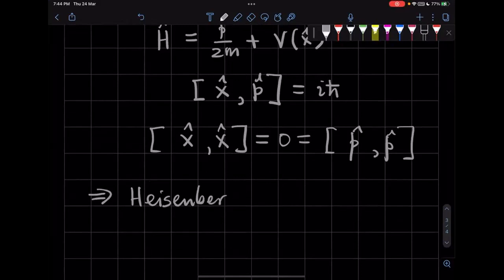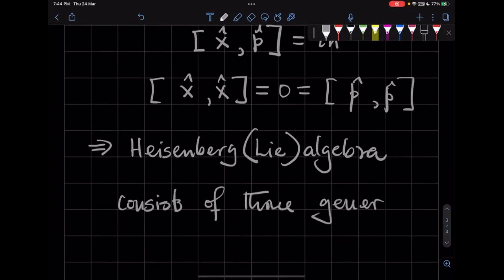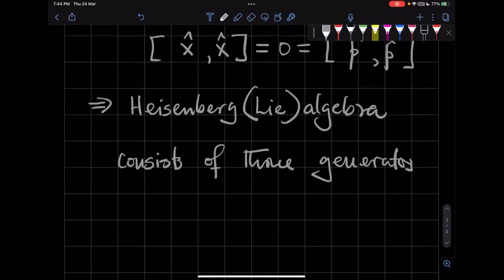So the Heisenberg Lie algebra, or the Heisenberg algebra as it is called, consists of 3 generators. What are these 3 generators?